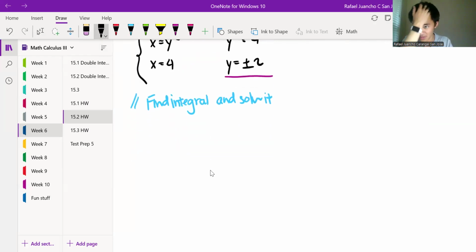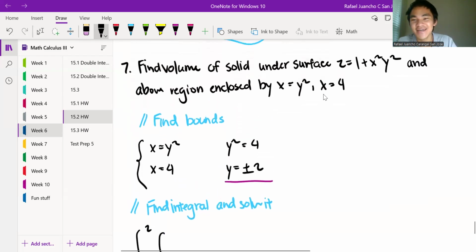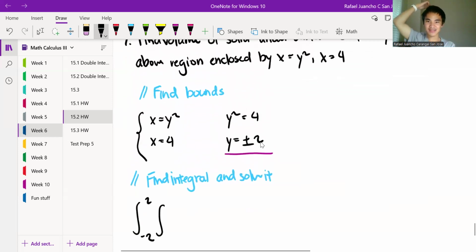So here, this would give me, this is so annoying. Anyway, for my x, 4 and y squared. Which one's greater? Is it my 4 or my y squared? Which one's the upper bound? If I plug in -2 here, what would my x be? 4.